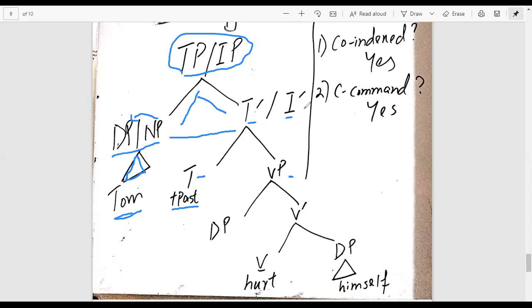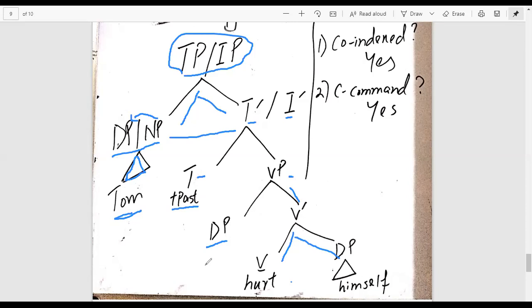From T-bar or I-bar we have T and VP, and under the VP we again have DP, determiner phrase, and V-bar, because according to X-bar theory we first write VP or NP, etc., and then we go to the V-bar level. Under the V-bar level we have V, that is verb, and DP, that is noun phrase or determiner phrase.